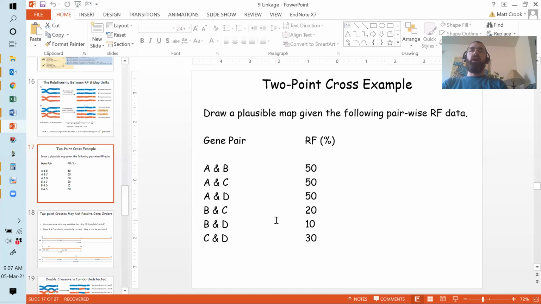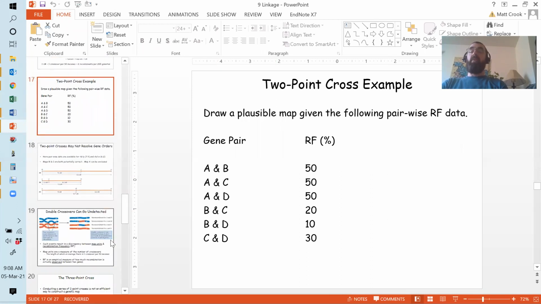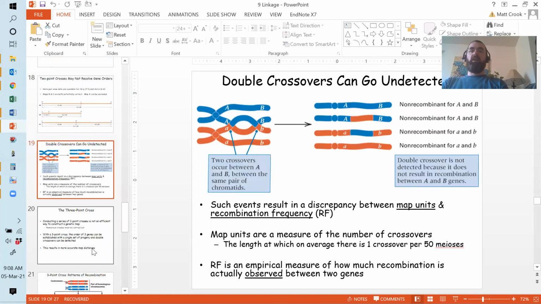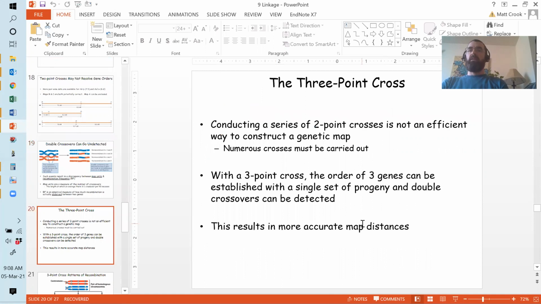You're not looking at other recombination events at the same time, right? So you tend to underestimate distance, right? And that's because these double crossovers can go undetected, right? And so doing a 3-point cross can be a more accurate way of doing this. Also saves a bunch of time, right? And so you can do both distance and gene order in one cross, right?